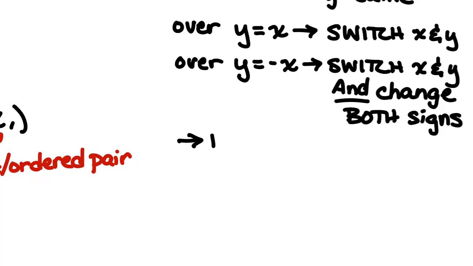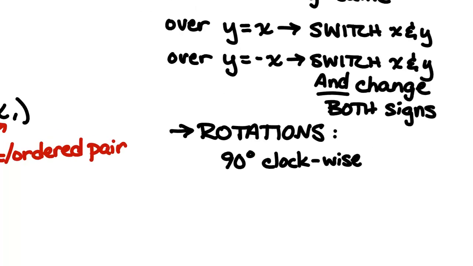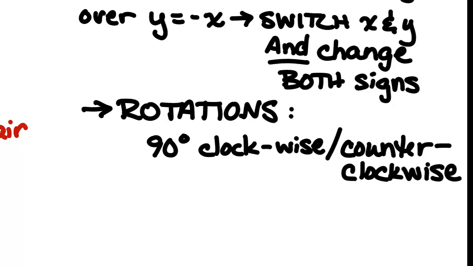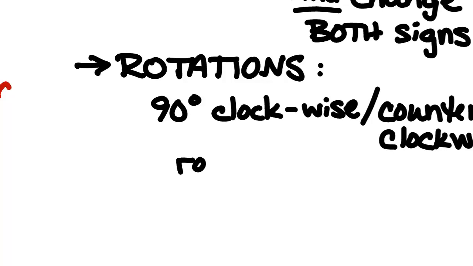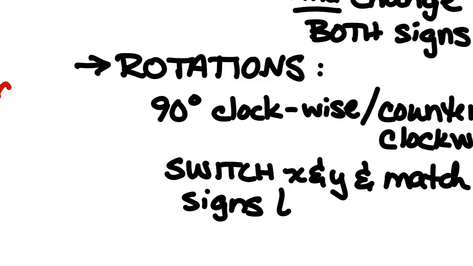For rotations, 90 degrees clockwise or counterclockwise, you will rotate, so you're going to switch x and y and match the signs to the quadrant.